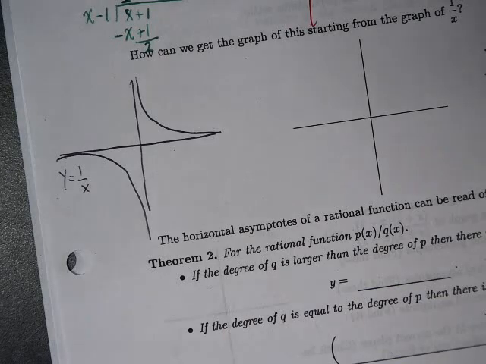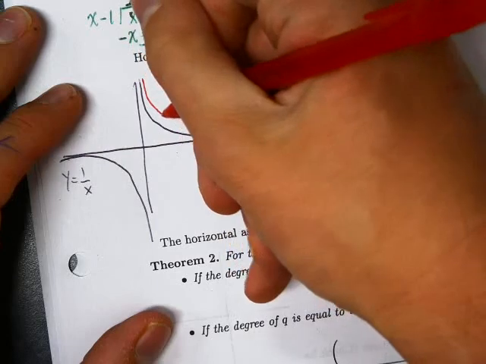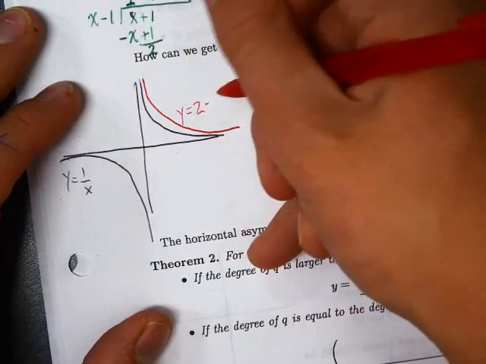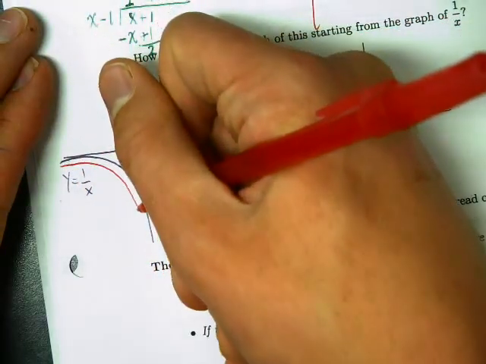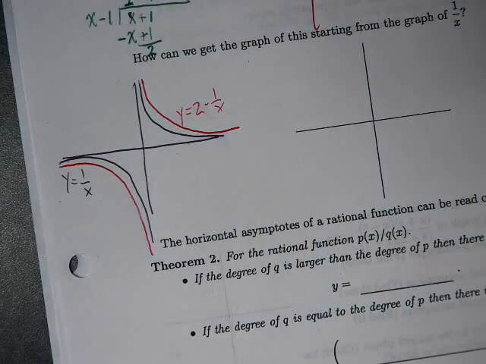I'll double all the y values. That looks about like I've doubled all the y values, right? Now I need to shift it up 1 and to the right by 1.